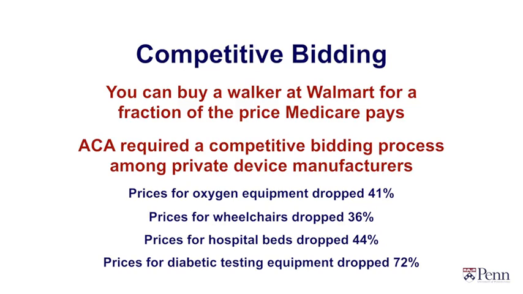In fact, the competitive bidding process was a huge success. Costs for things like oxygen equipment, wheelchairs, walkers all declined by about 40%, constituting big savings for Medicare. So those are different ways that the Affordable Care Act reduces the prices paid by Medicare for various services.